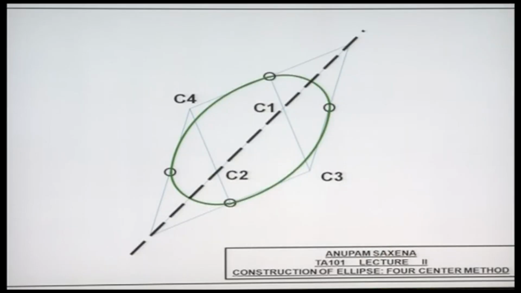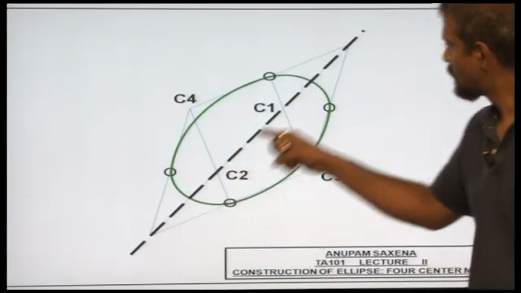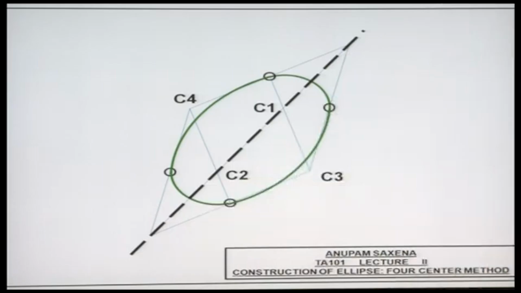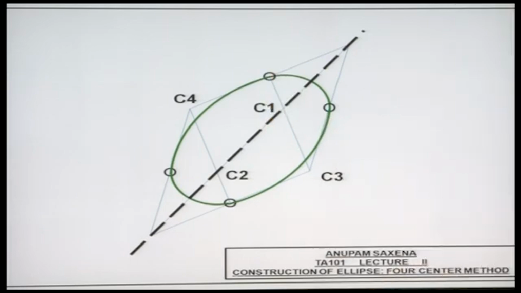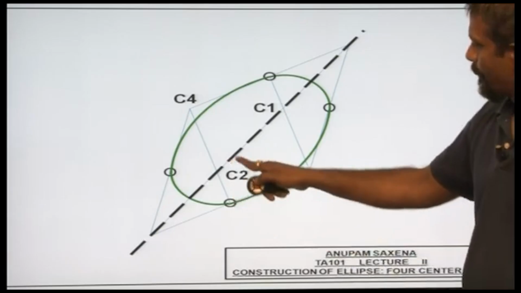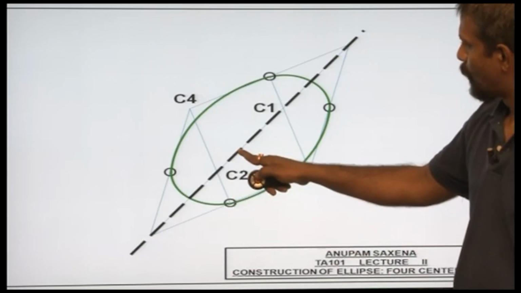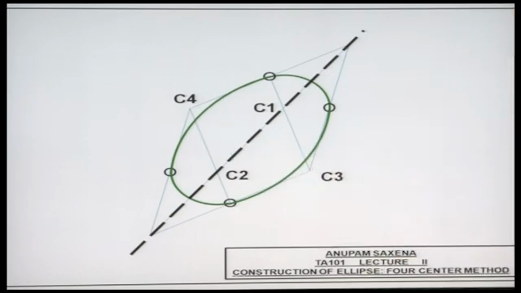Again, to be able to construct an ellipse using the 4 center method, step 1, identify the longest diagonal. But before that, make sure you locate the midpoints of the 4 sides of the rhombus. Now, there would be a vertex on this side of the longest diagonal and on this side of the longest diagonal.